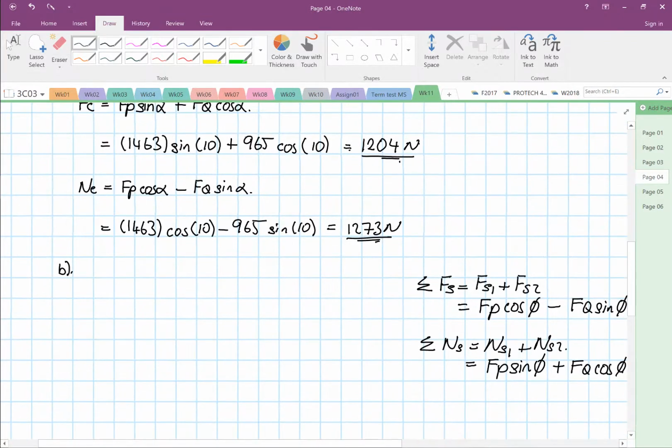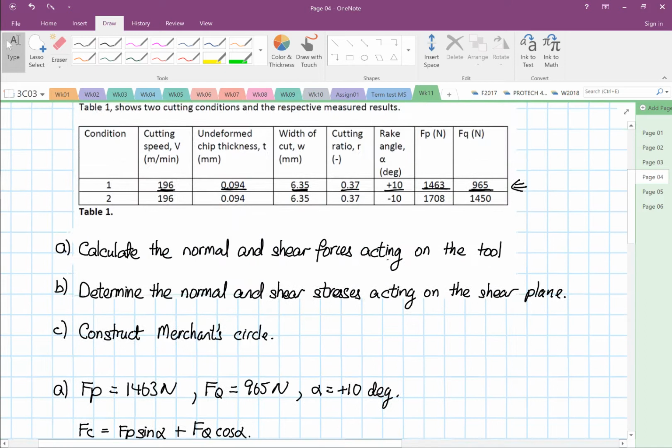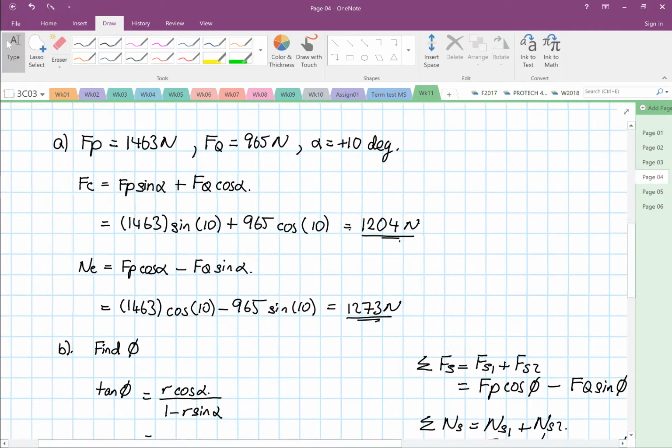So you're going to use these formulas Fs and Ns, but you have to find the shear angle first, right? We have to find the shear angle, and we derived earlier that tangent phi is equal to r cos alpha divided by 1 minus r sine alpha. Okay, so in this context, r is given down here as 0.37.